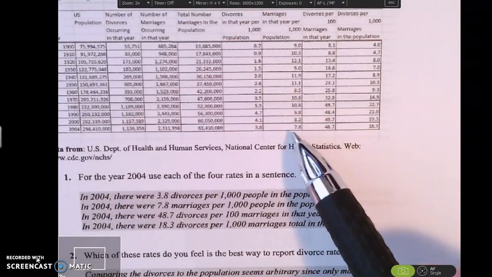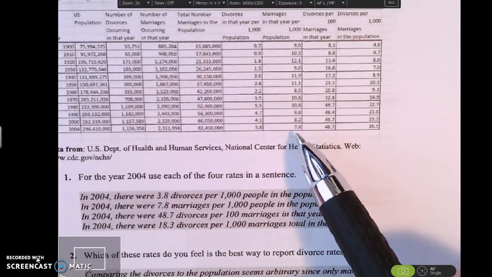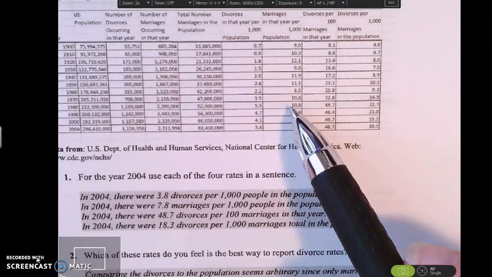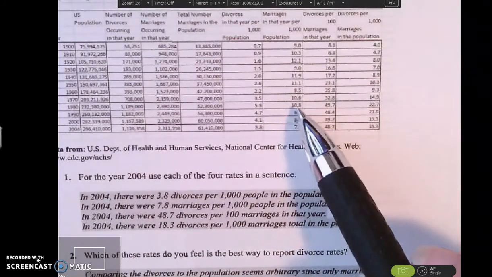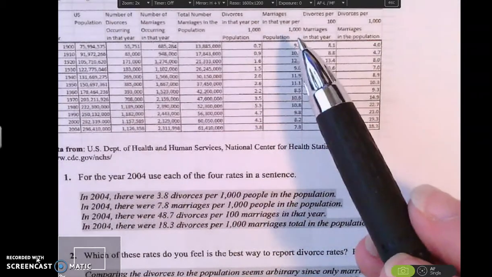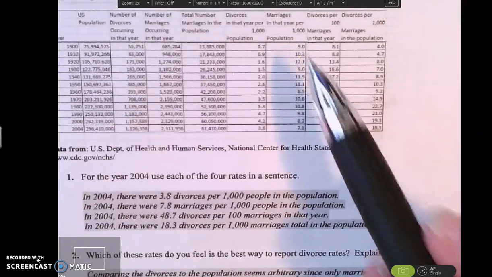Okay, so what they're saying here is the divorce rate per 1,000 in the population is 7.8 in the year 2004. And in 1980, it was right here, it was 10.8 per 1,000 in the population. And back here in 1900, it was 9 in the population.